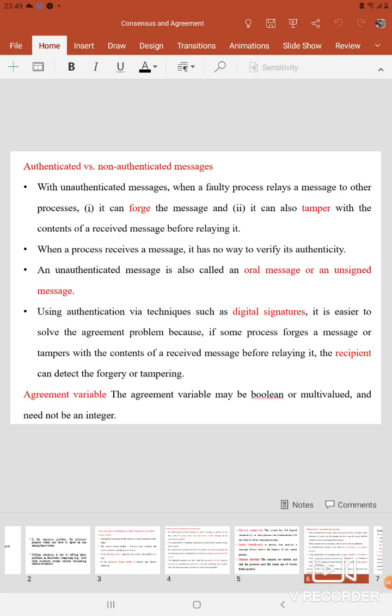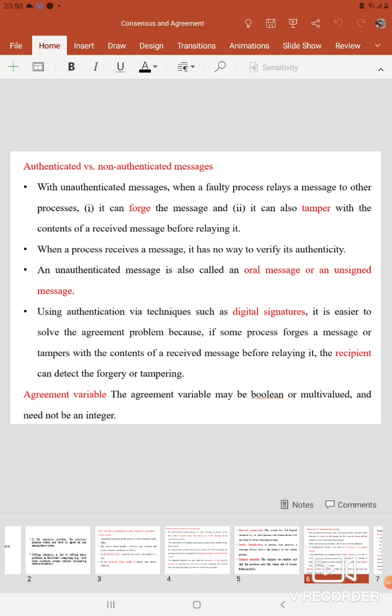And the next assumption is authenticated versus non-authenticated messages. With unauthenticated messages, a faulty process relays a message to another process. When a faulty process sends a message to another process, it may forge the message from another one, or it can tamper with the content of the received message before relaying it. So this may happen in unauthenticated messages.